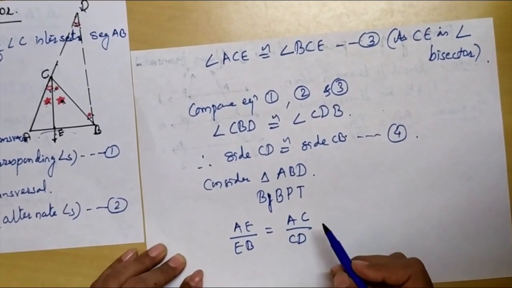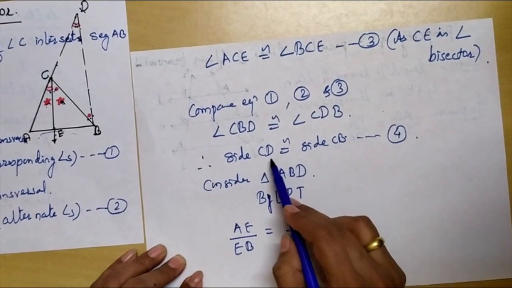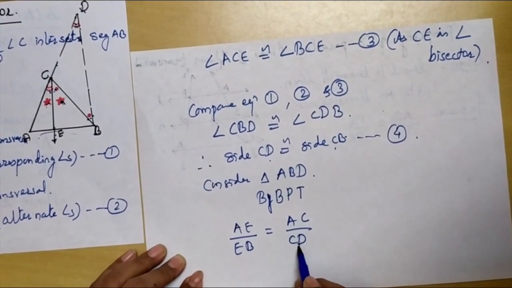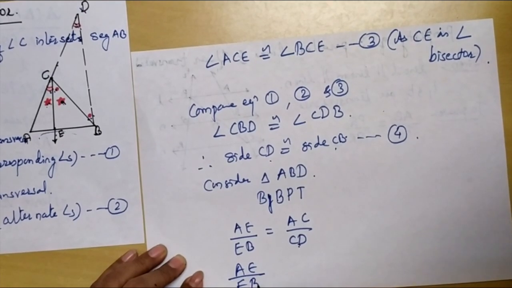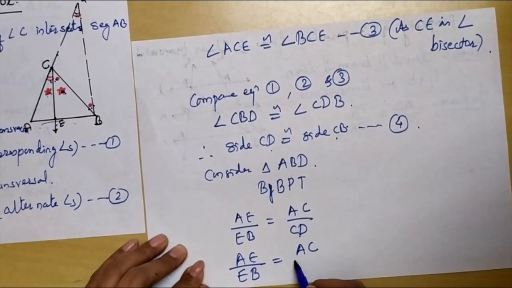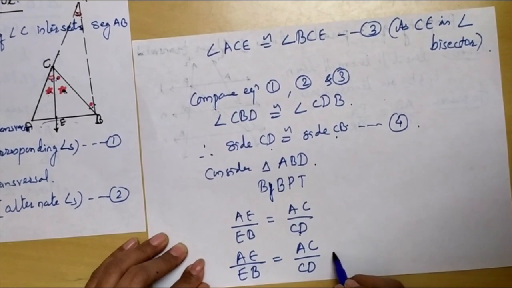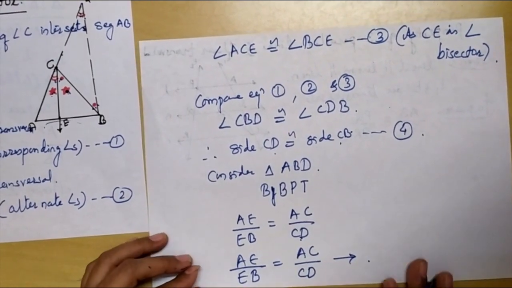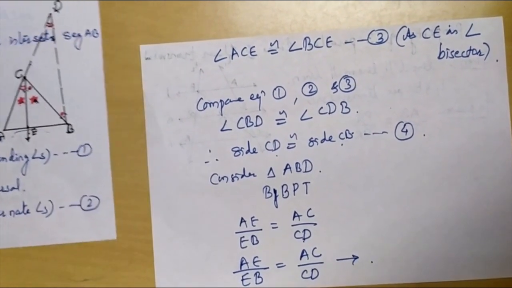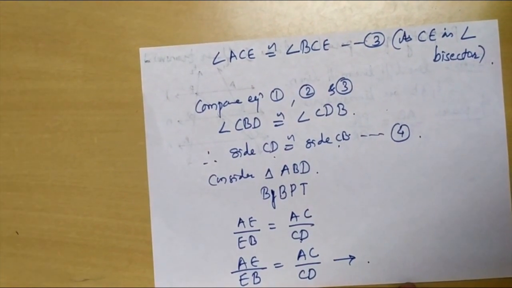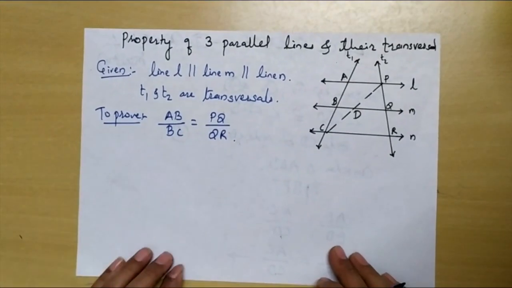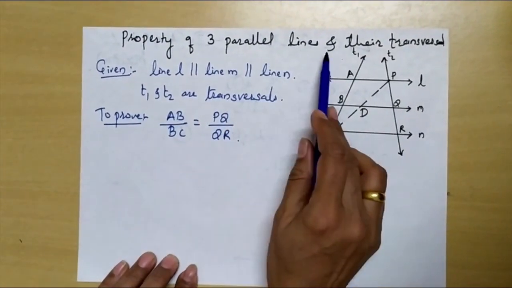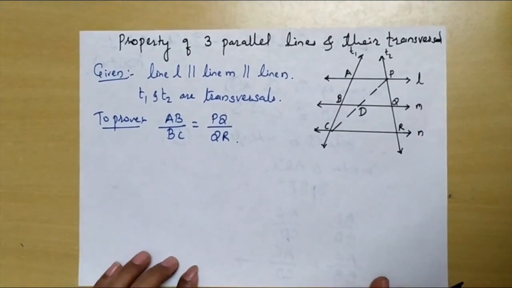But as CD is congruent to CB, instead of CD we can substitute CB, so AE upon EB is equal to AC upon CB. Hence the proof. So this is the second theorem, that is the angle bisector property. Now there is one more property, which is called the property of three parallel lines and their transversal.